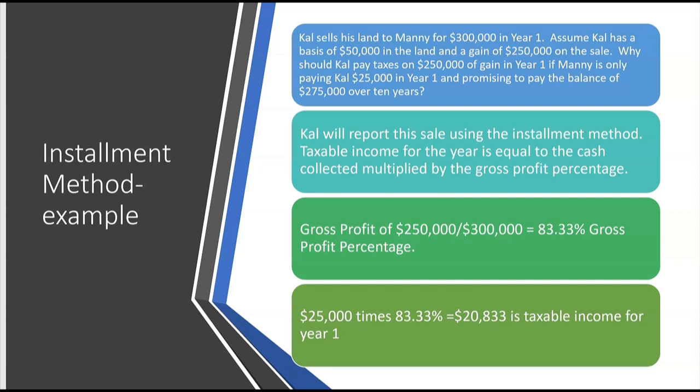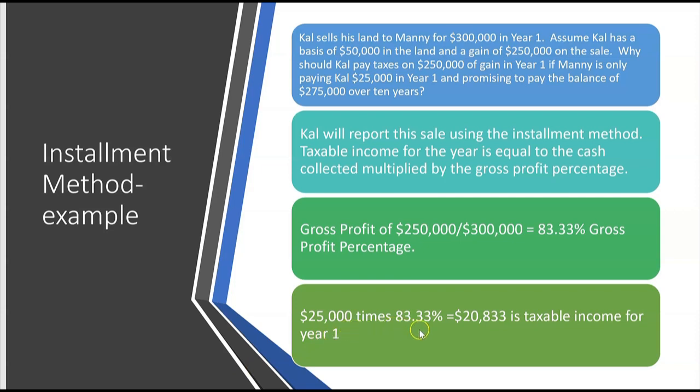So what the installment method allows him to do is to calculate the gross profit from the sale, which would be the $250,000 total profit, divided by the $300,000 contract price, and that's 83.33%. So your gross profit percentage is important, 83.33, and then see how much cash was collected in the year of sale. And $25,000 was all that was collected, they told us.